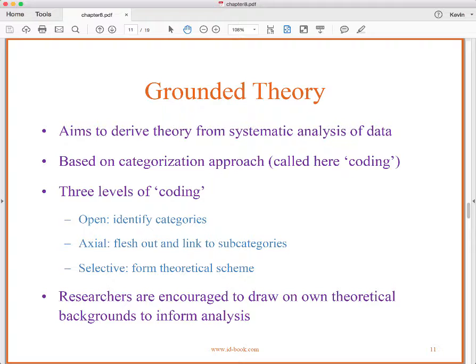And in selective coding, we're trying to take these coding elements and weave them into some kind of theoretical scheme. So researchers are encouraged to draw on their own theoretical backgrounds to inform the analysis of the data.